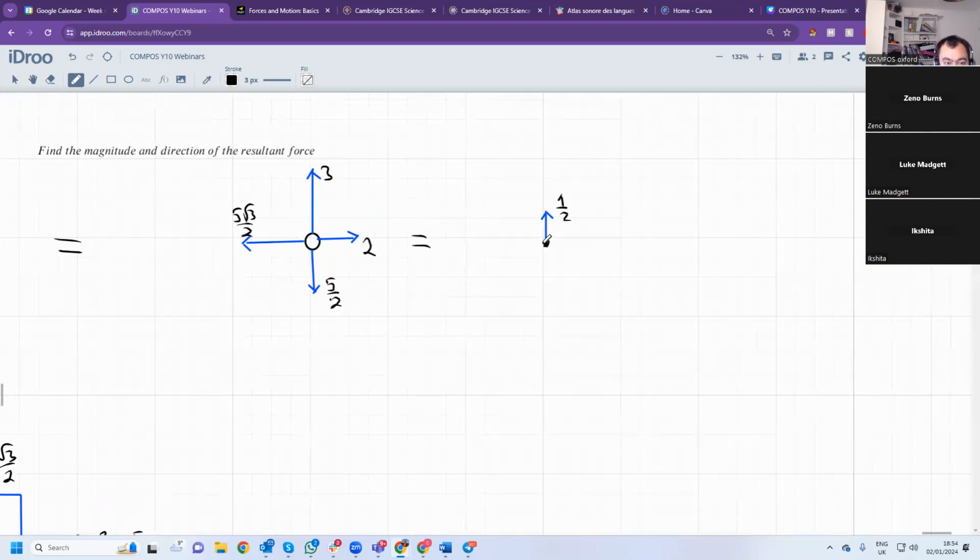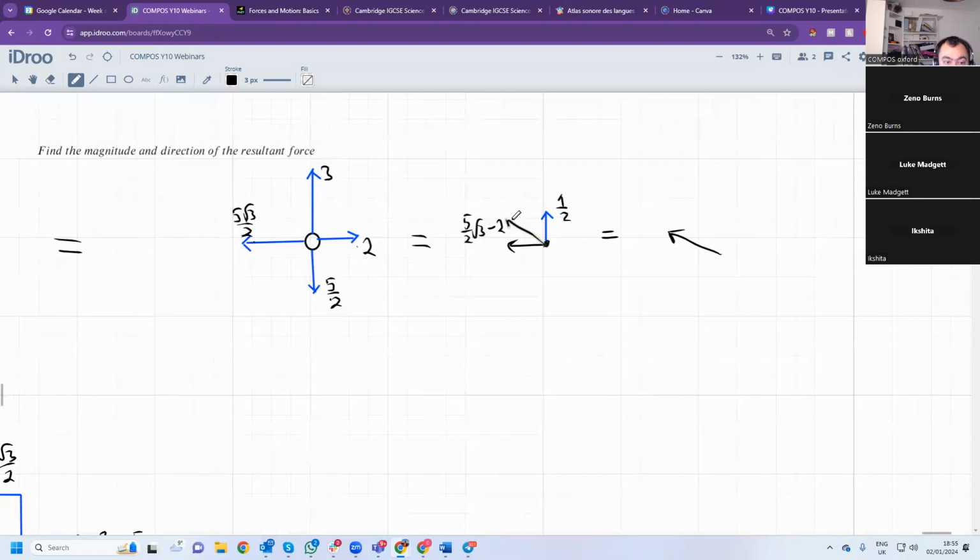And then this could be written down as 5 over 2 root 3 minus 2, so doing this minus this to the left. So we have 2 forces, and this can be represented as one single force.